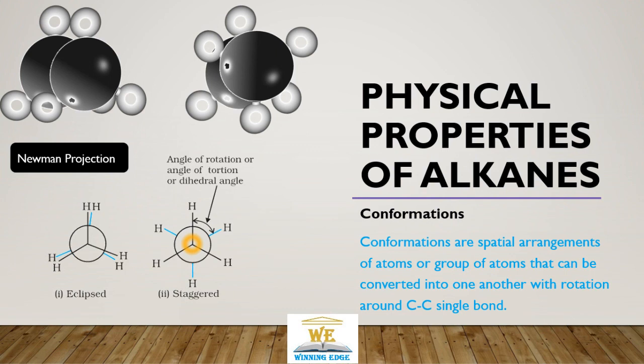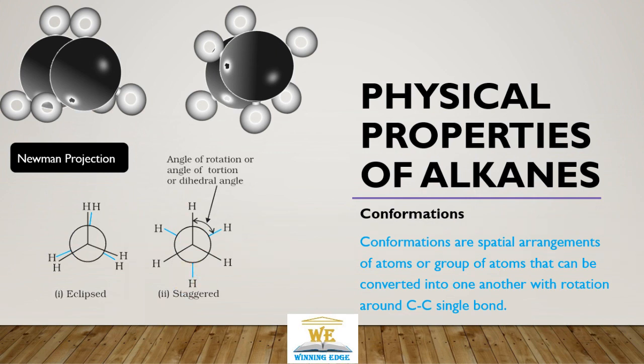So I make this C2, the circle is C3, right? And I put one methyl group here and one methyl group here. This is a rotation of the C2-C3 bond, and the rest of the atoms are placed in these three positions as carbon is tetrahedral.